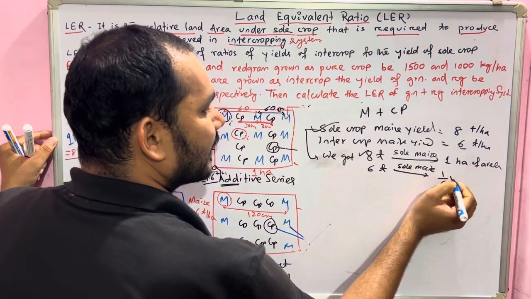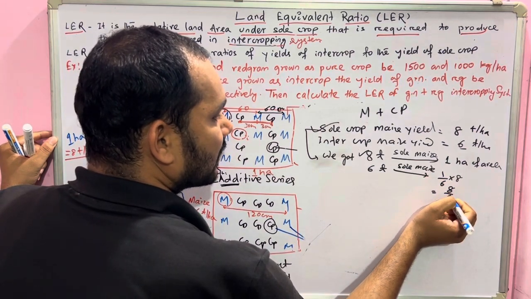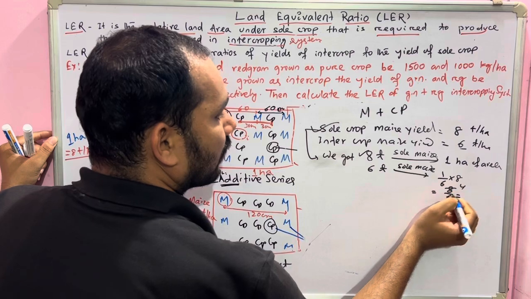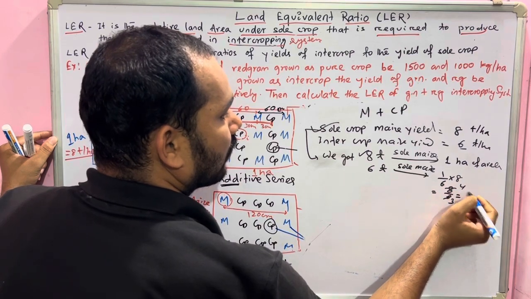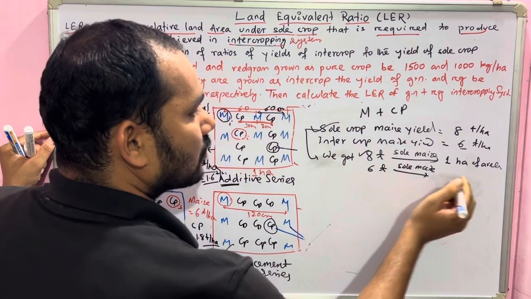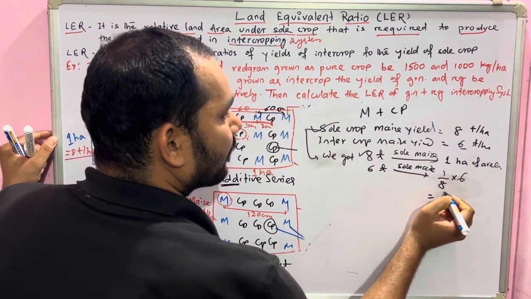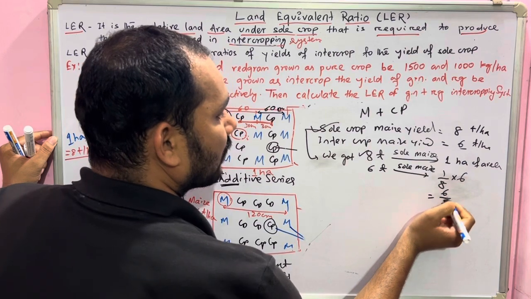1 by 6 into 8. So it will be 8 by 6. It will be, so 1 by 8 into 6. So it will be 6 by 8.